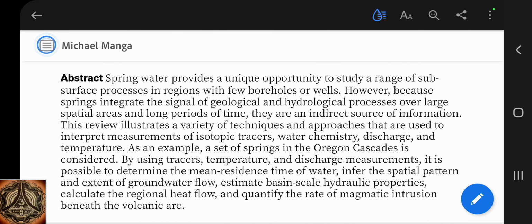So I won't read more than that, but I think it's really interesting. We have a volcanic arc, we have geothermal processes, we have discharge. I just want to point out a few words. Regional heat flow.